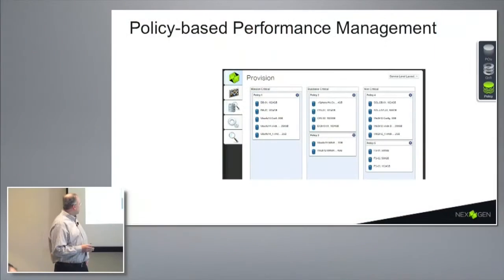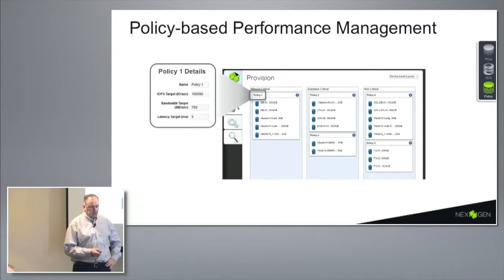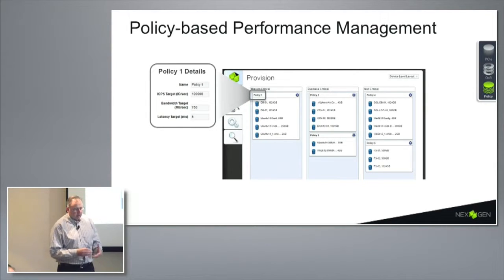Okay, here's a screenshot of the QoS provisioning within our user interface. It's a little bit harder to see, but we have the 3 different service levels, and then there are 5 policies. The policies are what apply the performance metrics for IOPS, throughput, and latency to the objects in those policies.